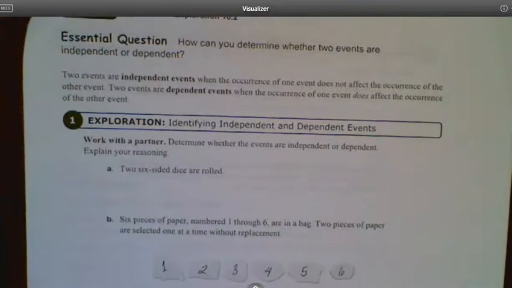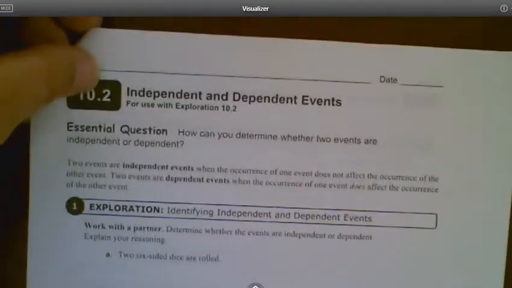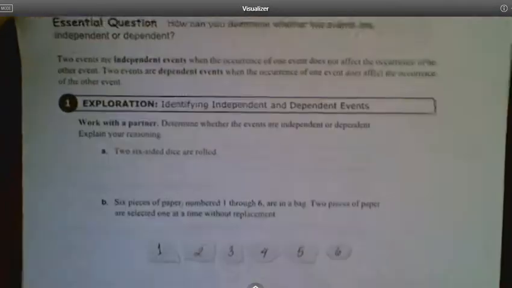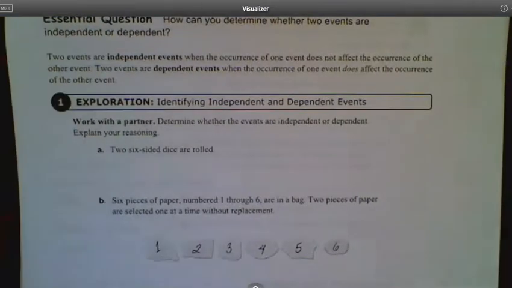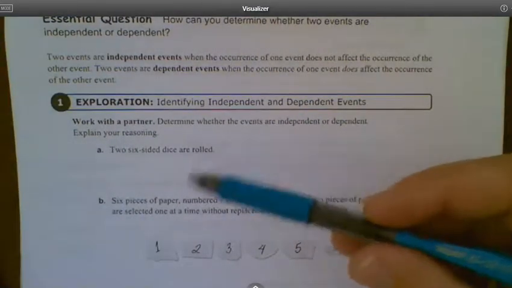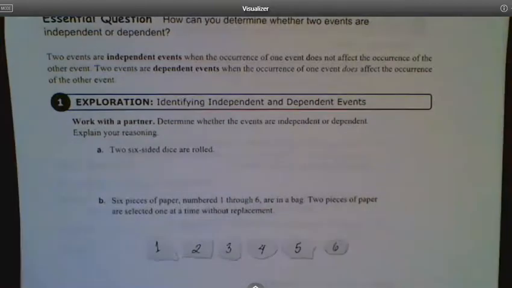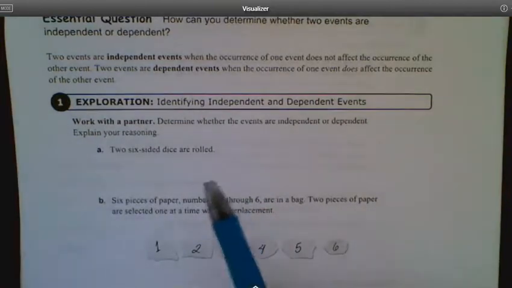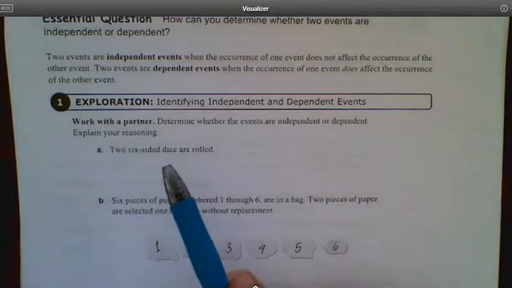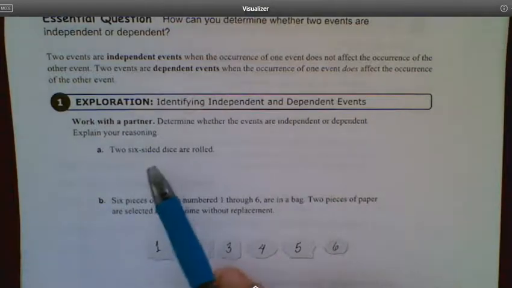So if you look at this one here, it's on page 288 of your journal. So if you look at these two, this is the difference between independent and dependent events. If I was to take two different dice, and toss the first one and then toss the second one, does the outcome of the first one have any effect on the outcome of the second one?